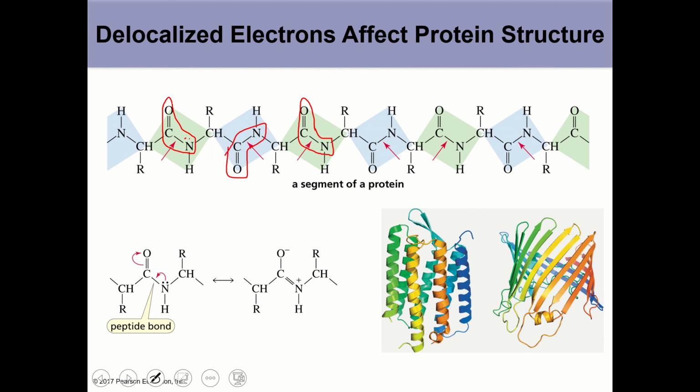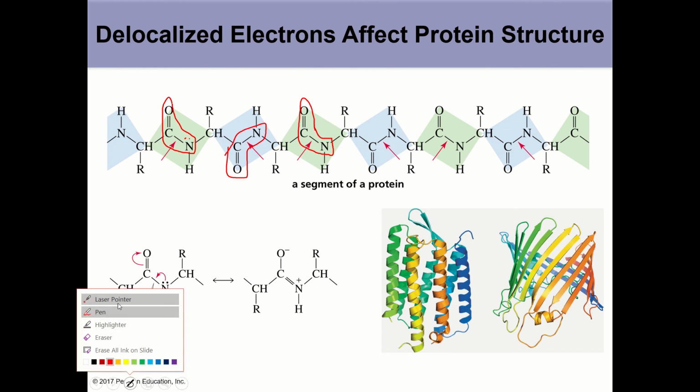It's very important to the structure of the proteins. The fact that we have a partial pi bond but not a full pi bond makes amino acids able to form very specific structures in protein structures. And these are structures that you've learned about.